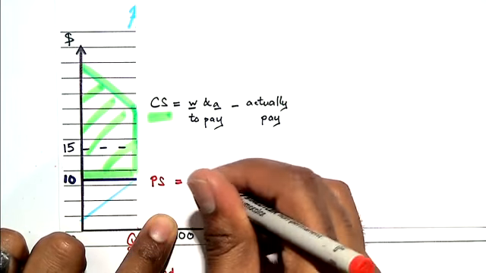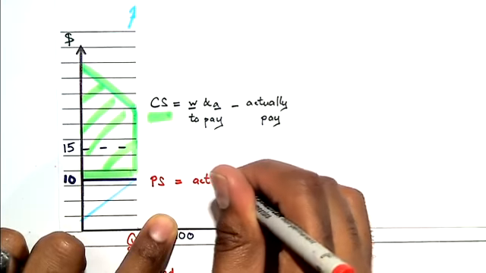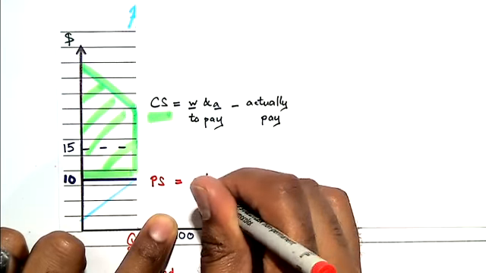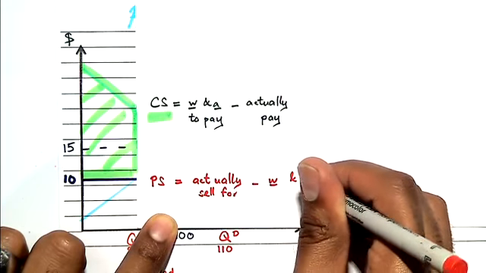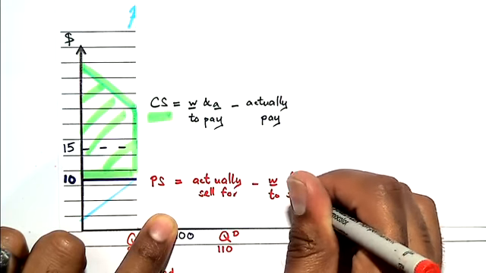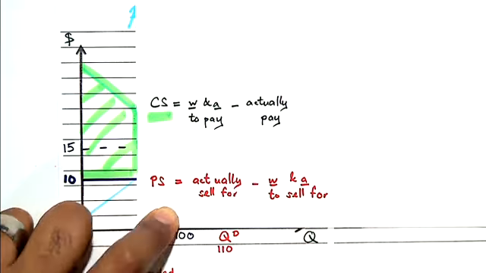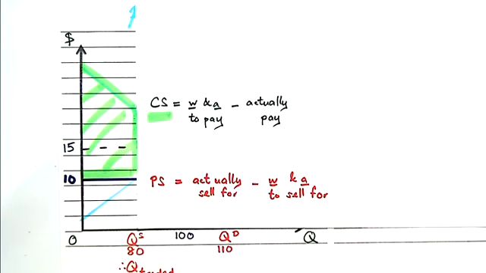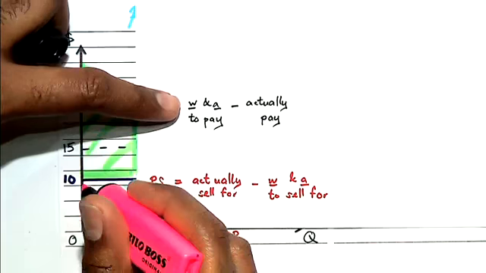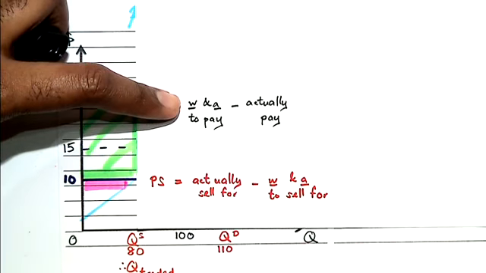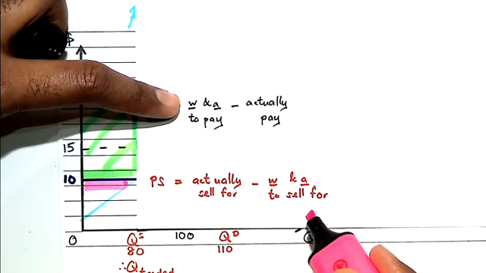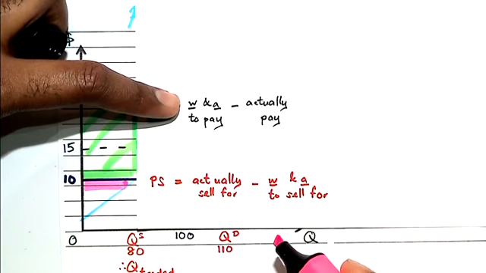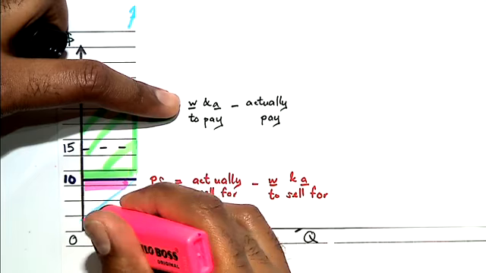Producer surplus: how much do producers actually sell for, minus how much they are willing and able to sell for. How much do they actually sell for? 10. What curve denotes willing and able to sell? Supply.